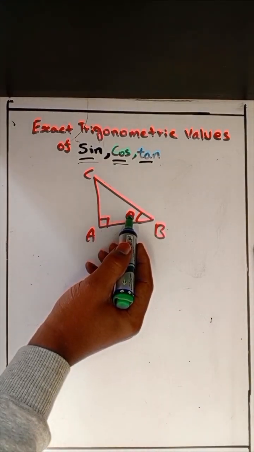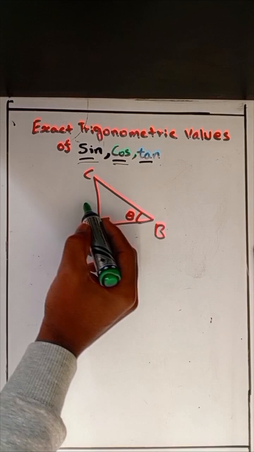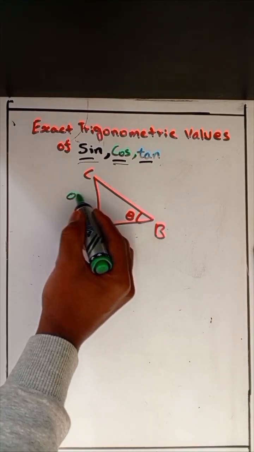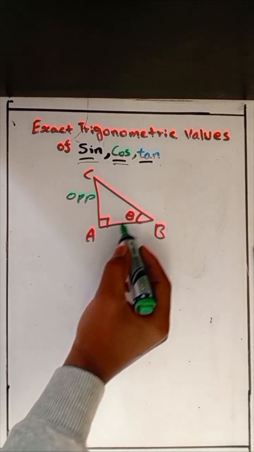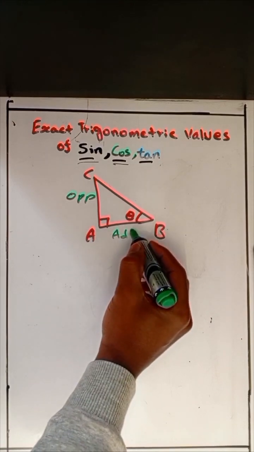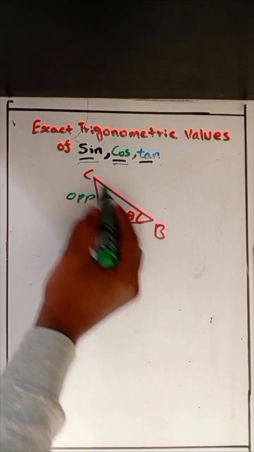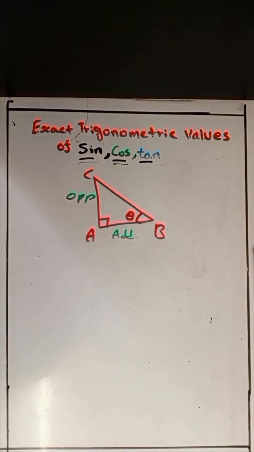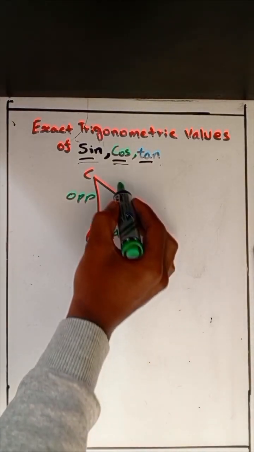The side opposite to the angle is called the opposite side. The side AB is adjacent, and the longest side, from the point C to B, is the hypotenuse.